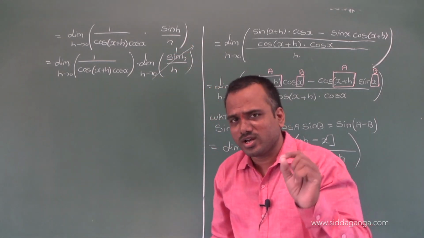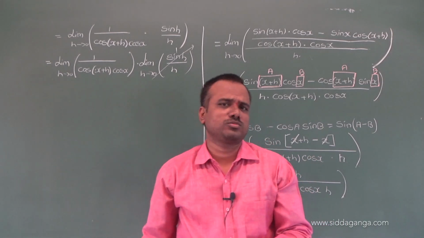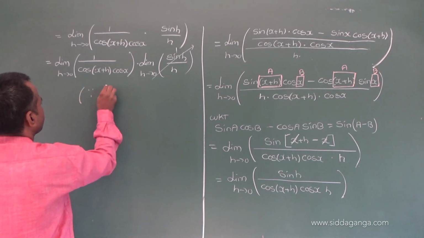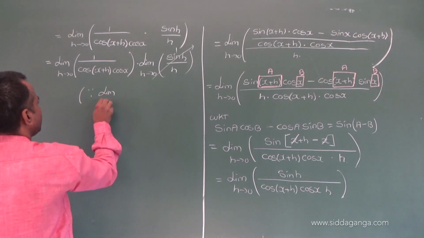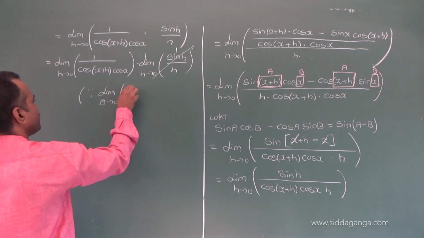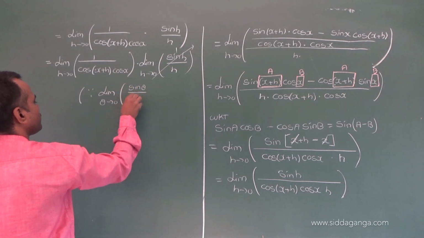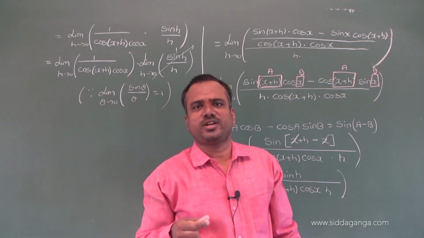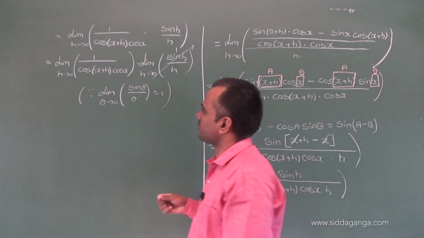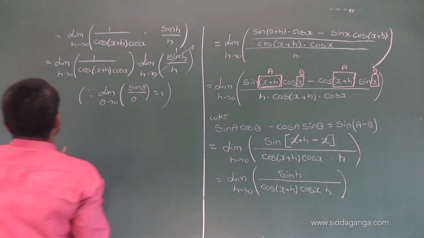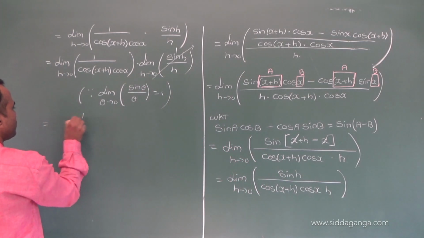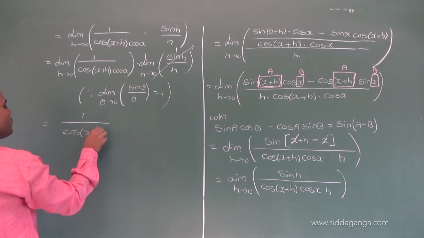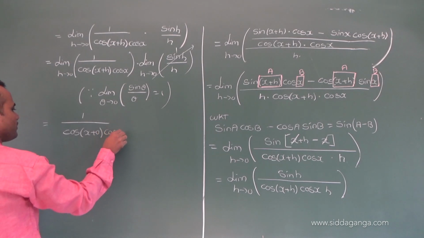Why is it 1? Limit theta tends to 0, theorem 2, sin theta by theta is equal to 1. Wherever h, substitute 0: 1 divided by cos x plus 0 into cos x into 1.